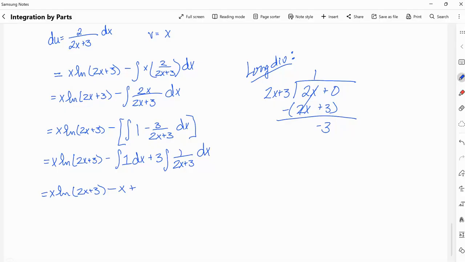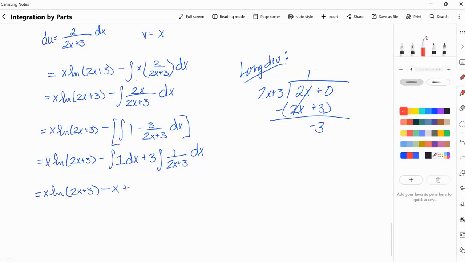So if I do a u substitution here, think about your u. If u is your denominator, 2x plus 3, then du is going to be 2 dx. So we would need a 2 here, and we would compensate with a 1/2 out here. So now we're in the format where we can integrate.